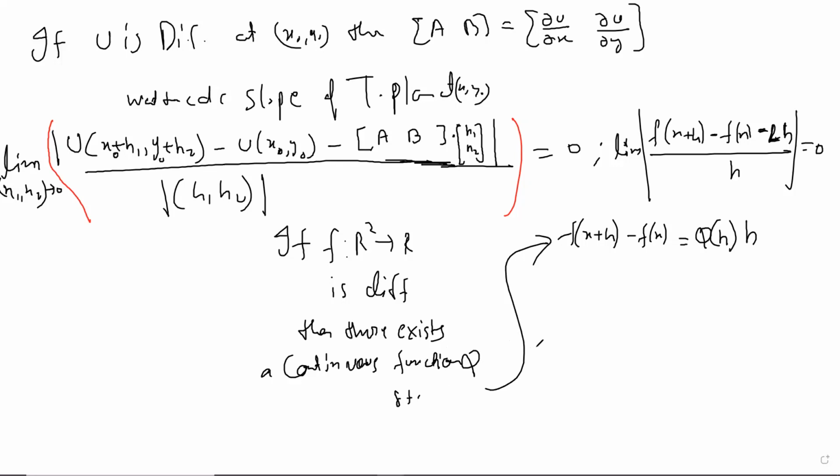Now once again, what must this phi of h be? Phi of h cannot be a number, right? Phi of h must take input h, which is a 2D vector, and give out a row vector, f1 h, f2 h. Once again, you cannot avoid this.